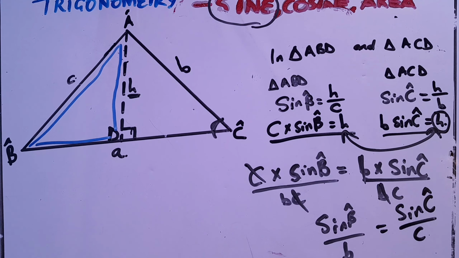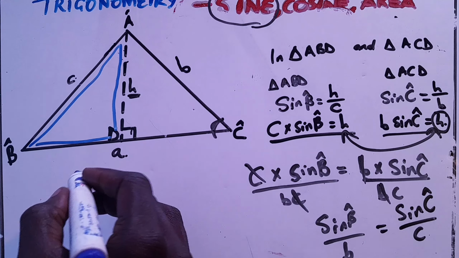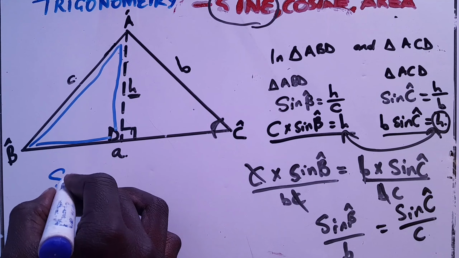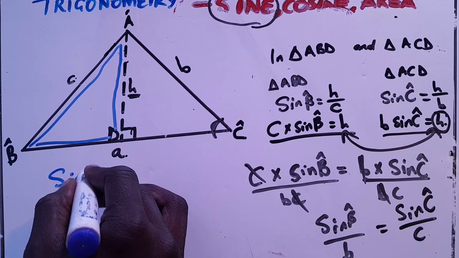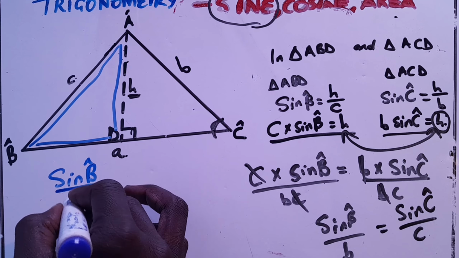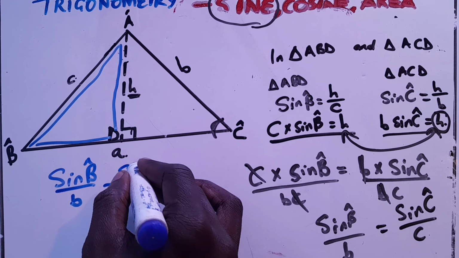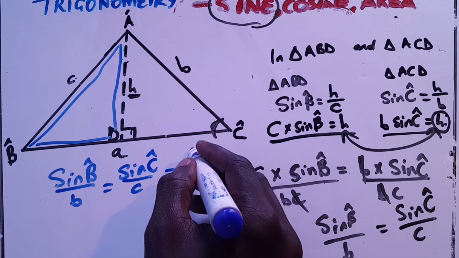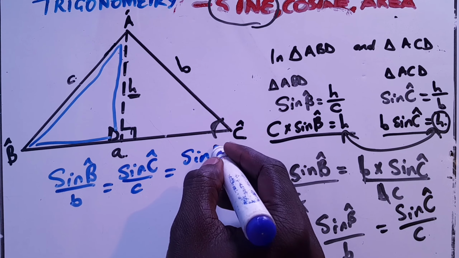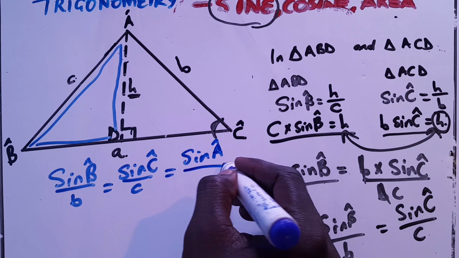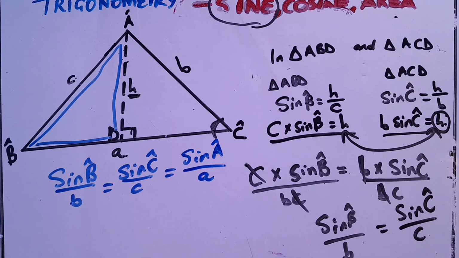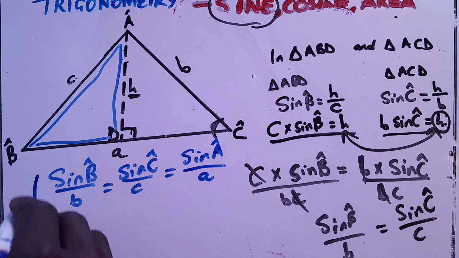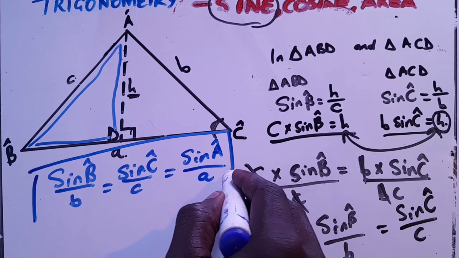So in any given triangle like this, sine of B over B is the same as sine of C over C, which is also the same as sine of A over A. So this is our sine rule.